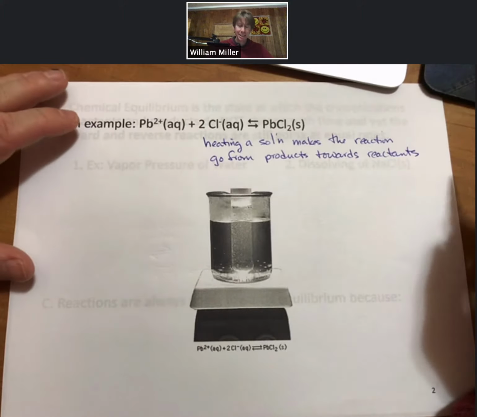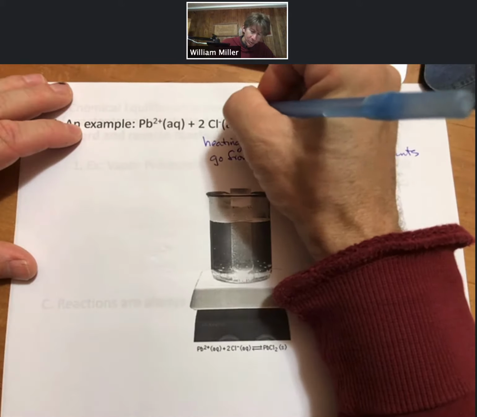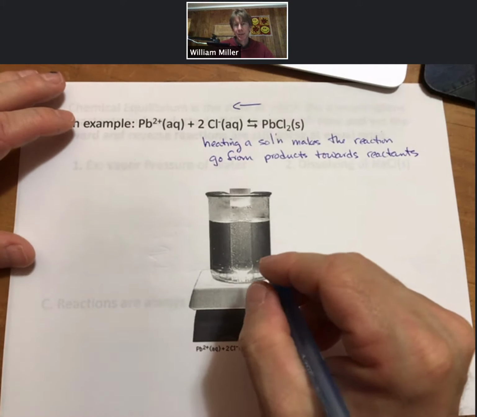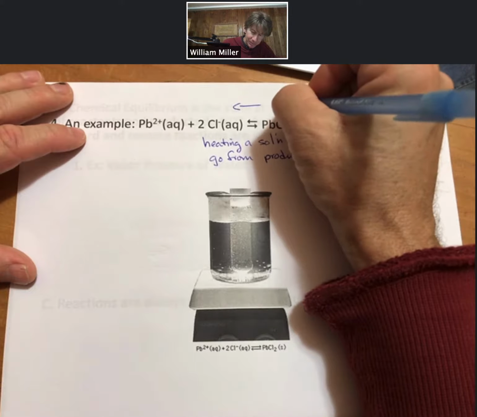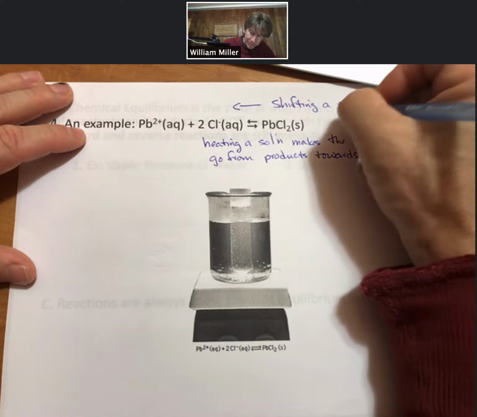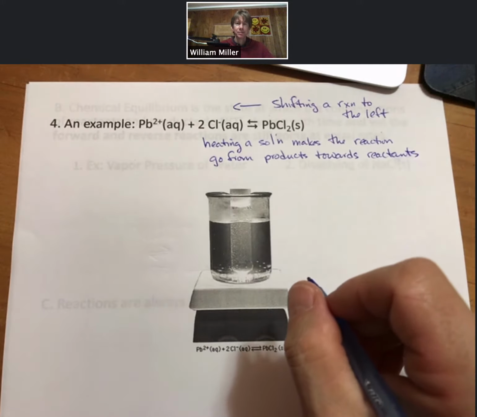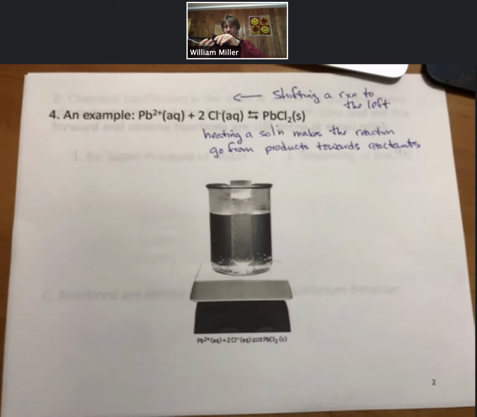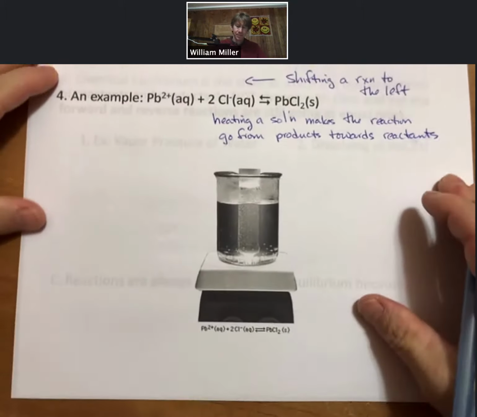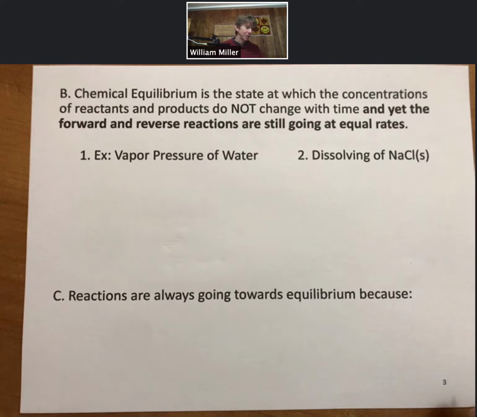And as we'll see, when you go from products towards reactants, we will call that shifting a reaction to the left, or oftentimes just shift left. So reactions that we previously only looked at as going towards products, we can now make them go from products towards reactants.